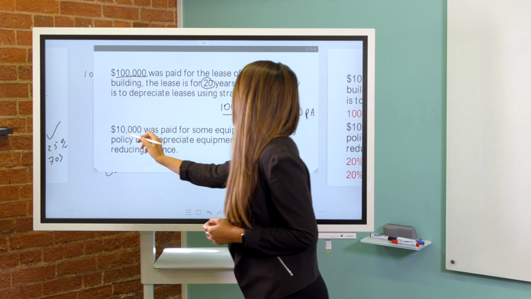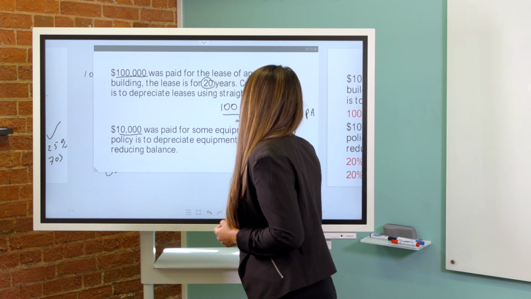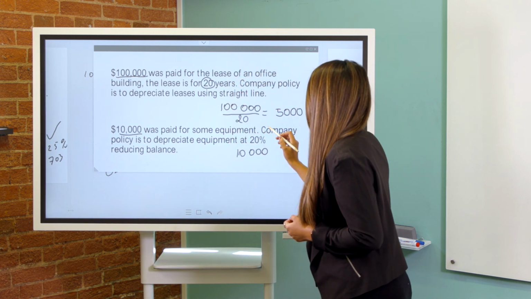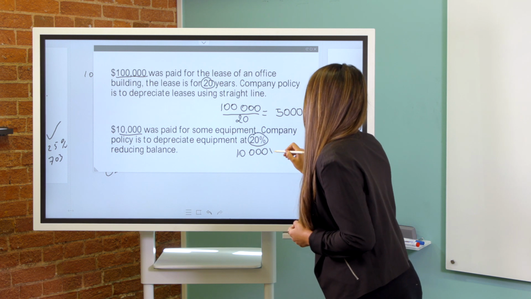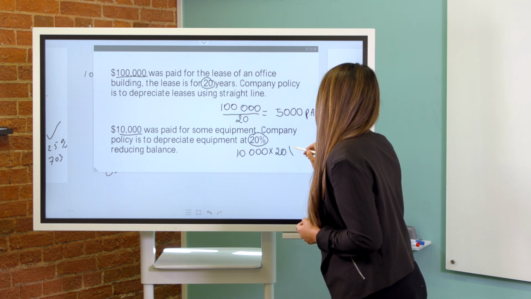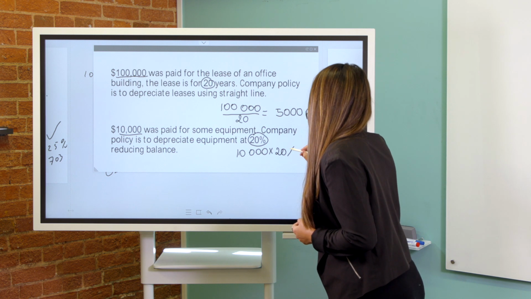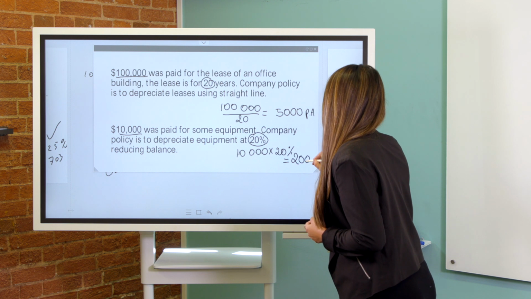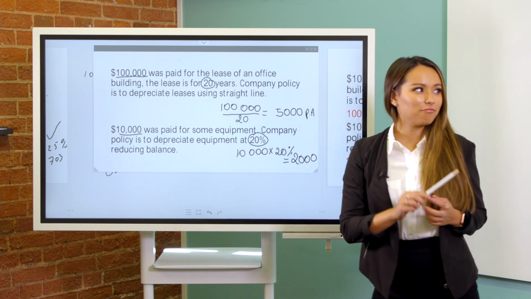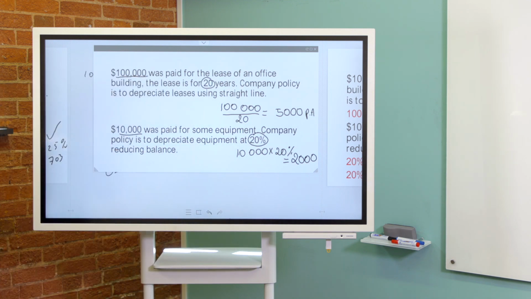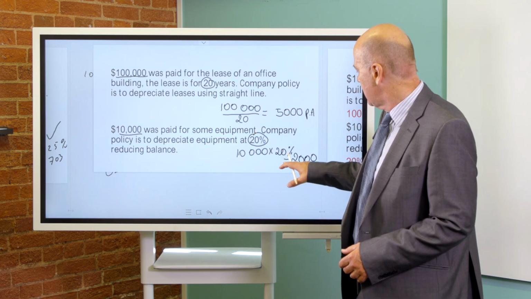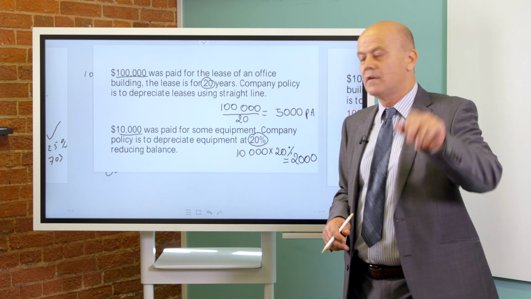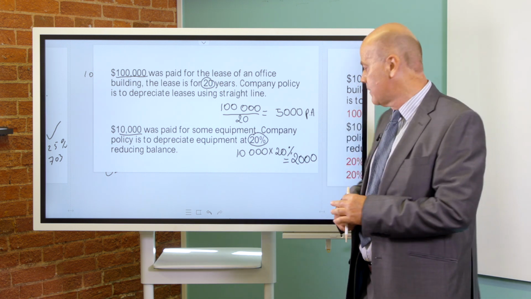And for this one, take 10,000 and multiply it by 20%. And we're left with 2,000. Right, okay, so thank you very much, Alex. So you have 5,000 and 2,000, depending on which method we're using. Let's have a look at the answer and see what's happening here.